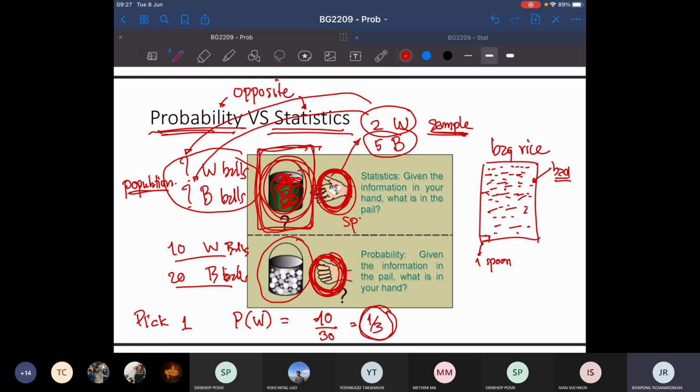This is kind of the spoon. You pick 1 spoon and then you count it, right? You're gonna have, like, 2 bad and 1,000 good, like that. And then once you get 2 and 1,000, you are trying to estimate the whole bag here.